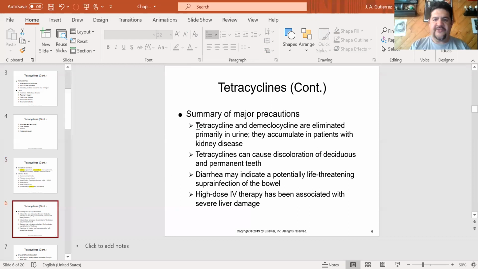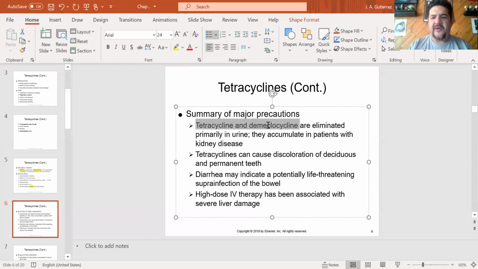So like we mentioned, this is a summary. Tetracyclines, the macrocyclines, they are eliminated to urine, and they're going to produce a kidney disease if the tetracycline or the macrocycline is attached to calcium. So it's advised to evaluate those patients at least every 6 months.